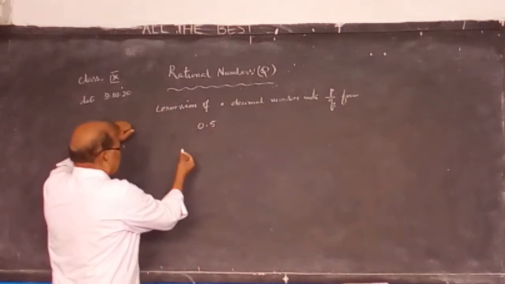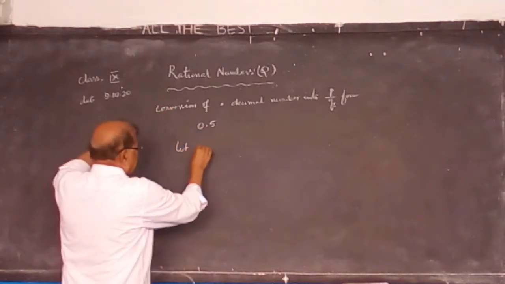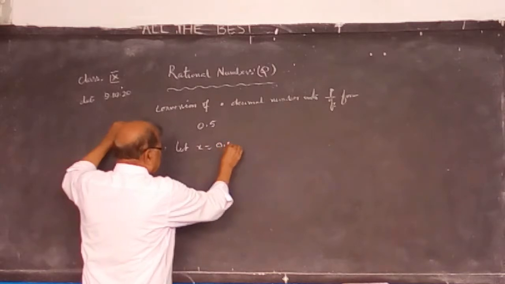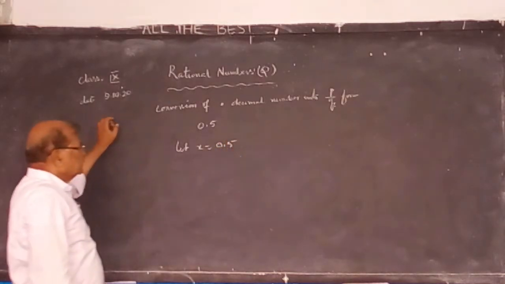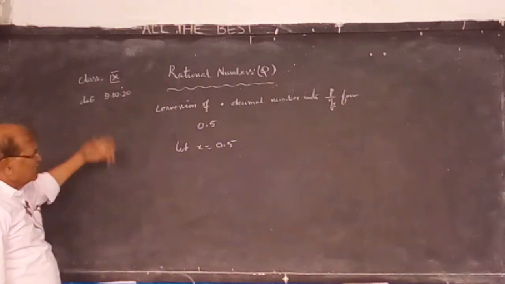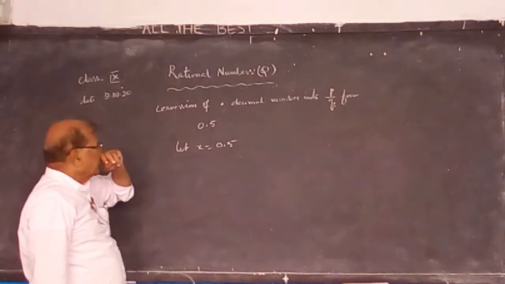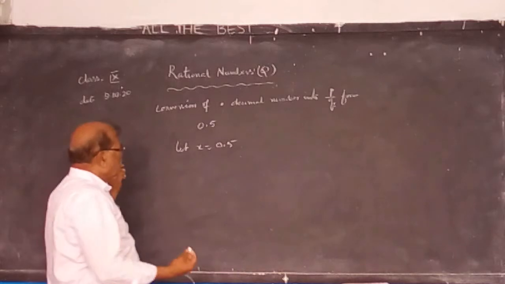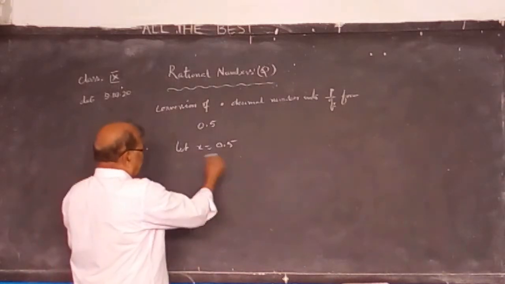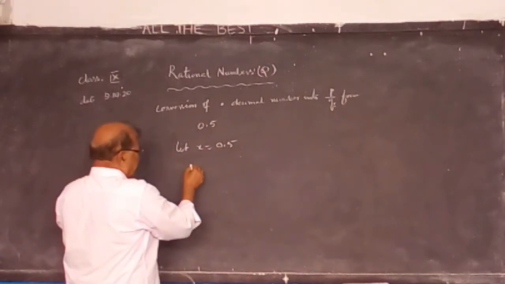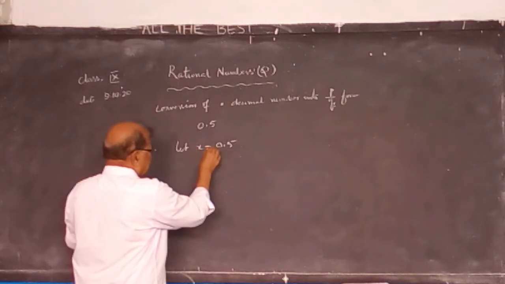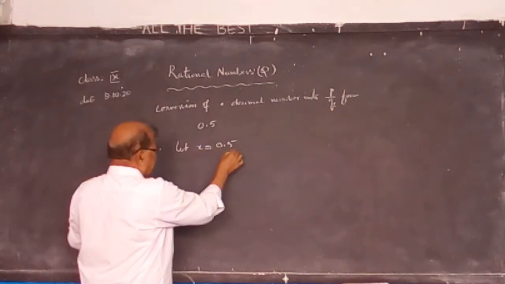Let us see. Let x is equal to 0.5. How many digits are there after the decimal? Only one digit. So multiply both sides by 10. This is an equation, this is the left hand side, this is the right hand side.